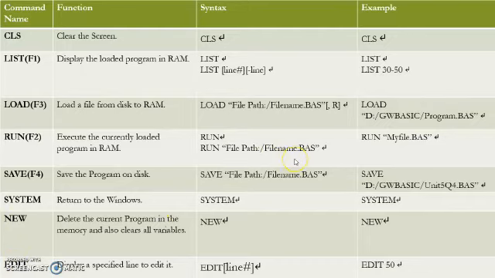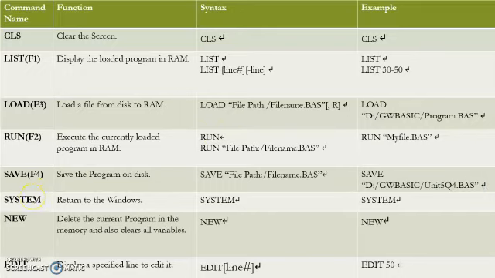Following the syntax of the save command, we type save, within double quotation give the file path and file name with the extension, within double quotation, then press the enter key. In this way we can save the files.